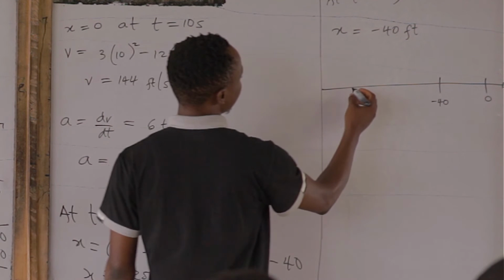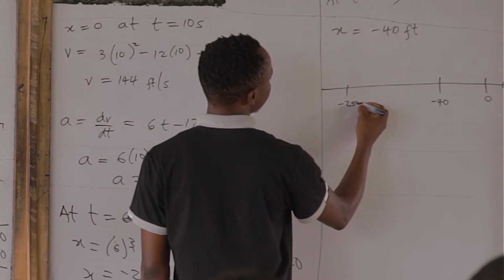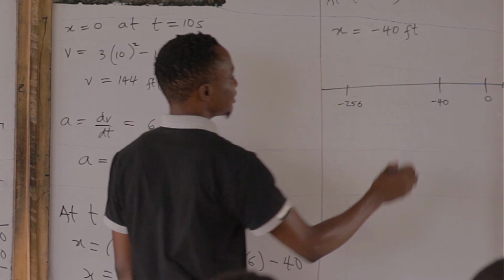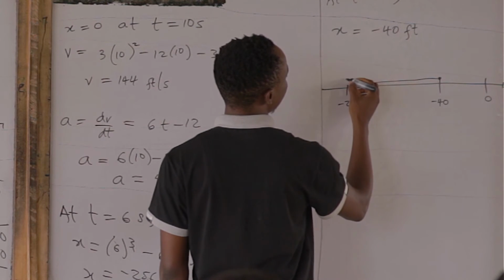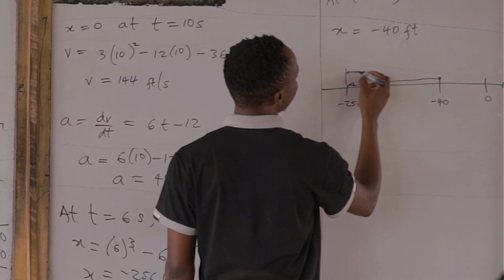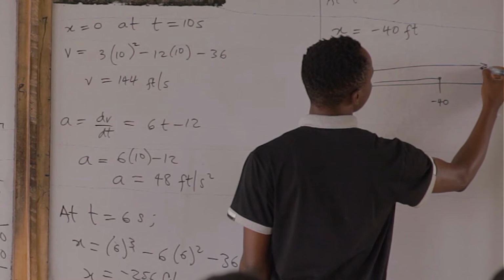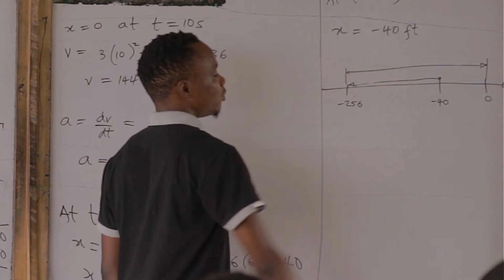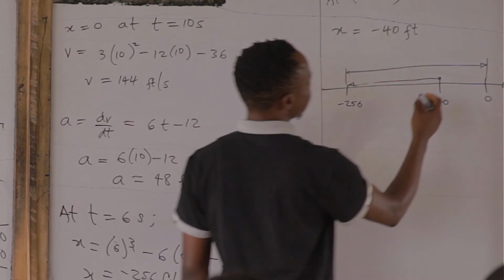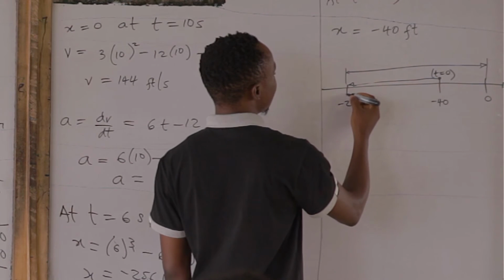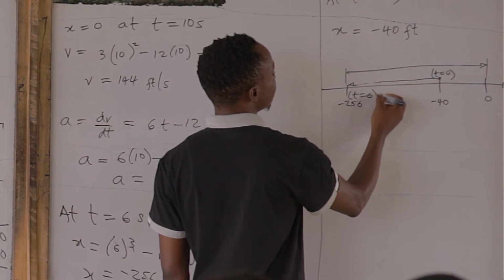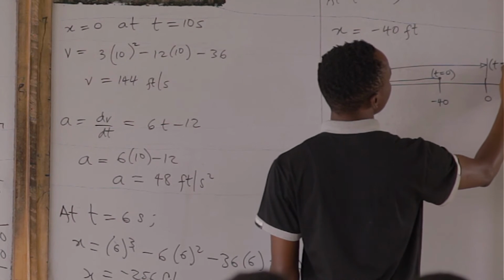So the body started at this point, then moved this way. Is it clear? And on getting to this point, it went this way. This is what we want to find out. This happened at time t equal to 0, this happened at t equal to 6, and this happened at t equal to 10.